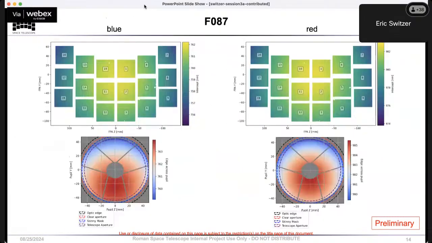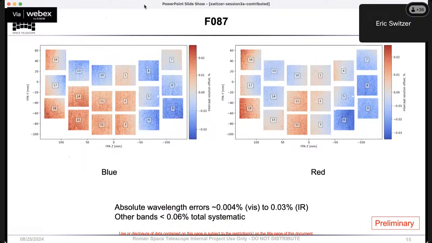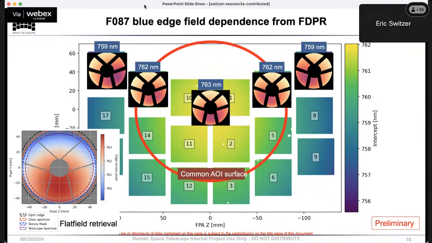But translating this into photometry, this lands within a 5 millimag chromatic photometry budget. Okay, as a cross-check of the forward model for the variation across the surface, we also performed focus diverse phase retrieval.